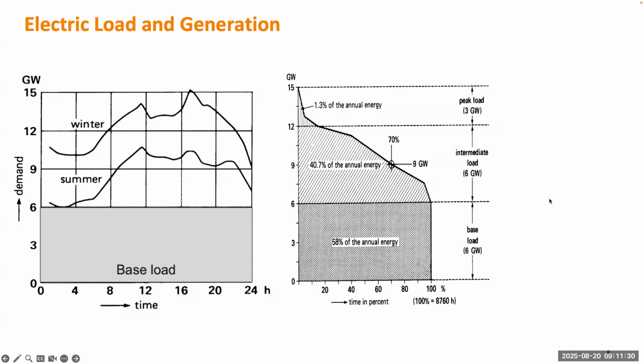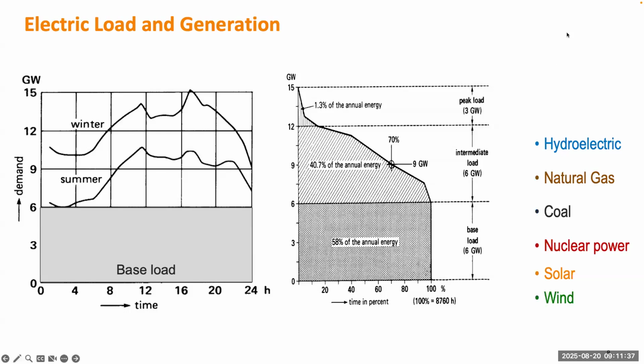So you can use some generators, such as nuclear generators, coal-fired generators, and maybe some of the natural gas generators to power the base load. Especially the nuclear power plant and the coal-fired power plant cannot easily be turned off and on. So you want them to keep running all the time, just for security and reliability concerns.